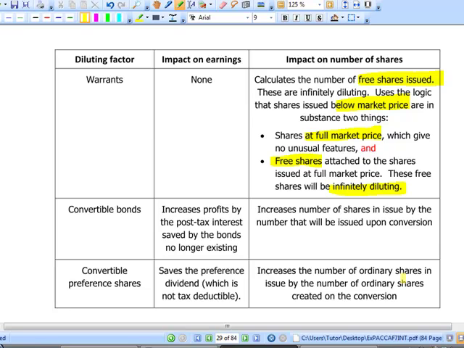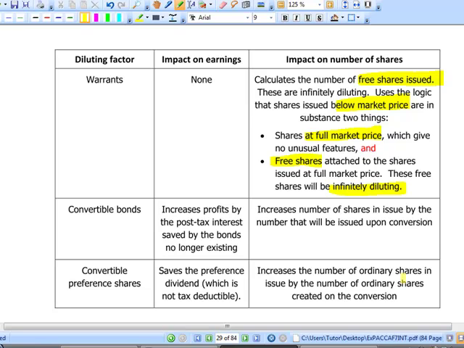But make sure when you calculate the effect on profit, you take this net of tax, because interest is a fully tax-deductible expense, and therefore you will no longer have the interest expense, but you will have increased profits, and therefore you will be paying higher taxes. And take into consideration the impact on the increase of the number of shares based on the conversion ratio, which will be given to you in the exam.